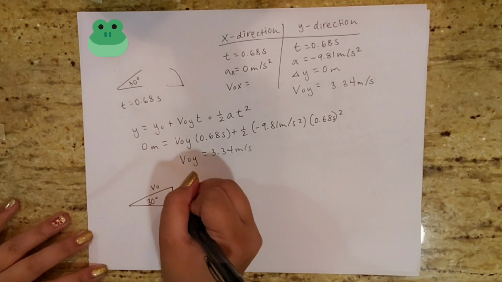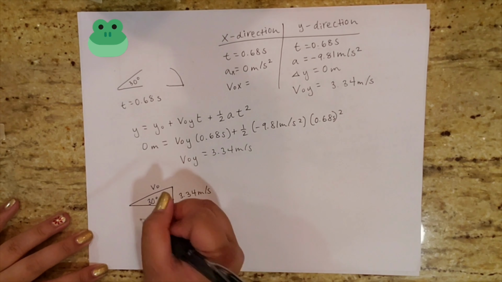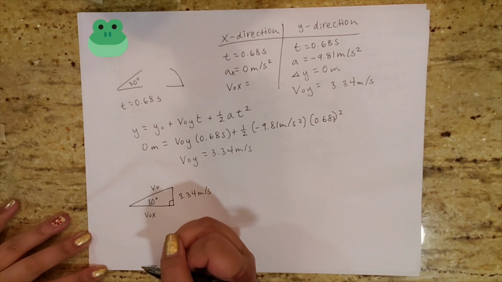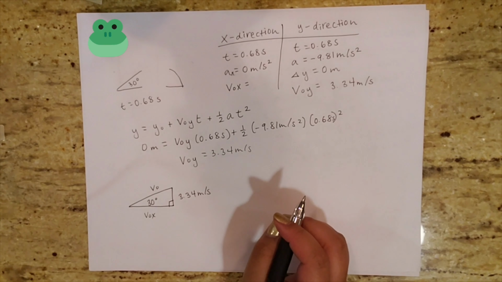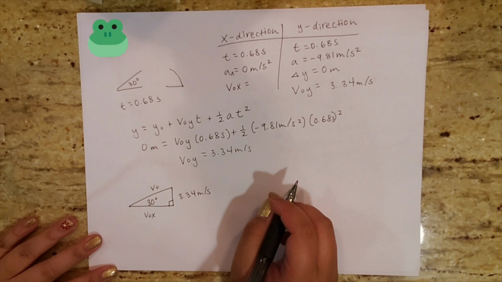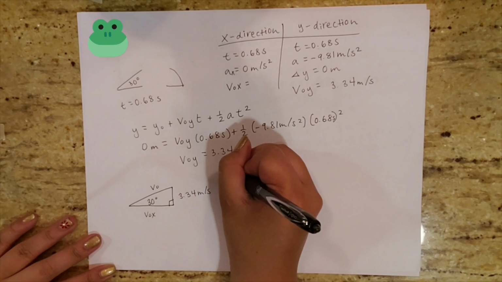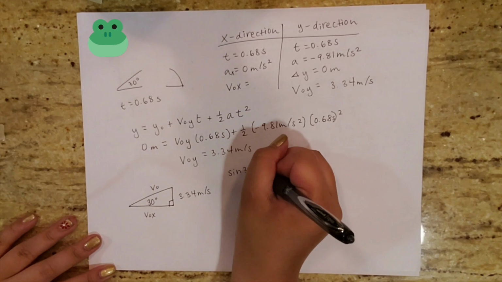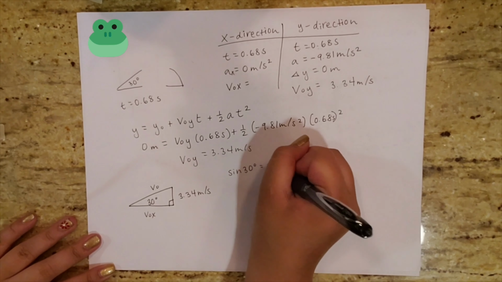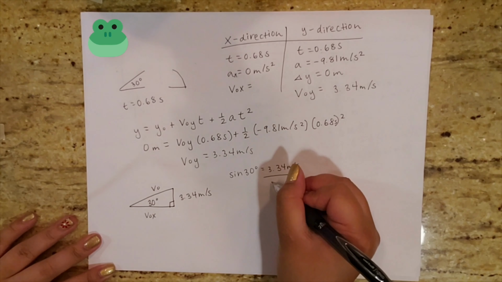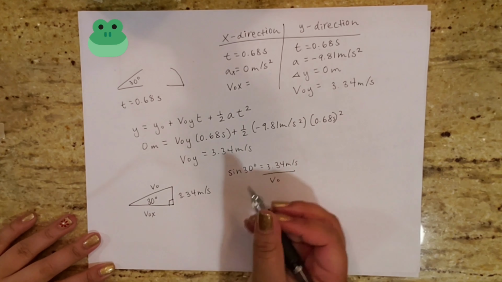This is the overall velocity, and this is initial velocity in the x direction. So, to find initial velocity, we can use trig. Sine of 30 degrees is equal to 3.34 meters per second over initial velocity.